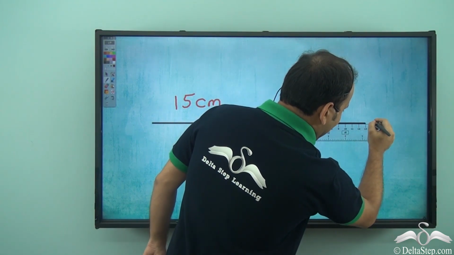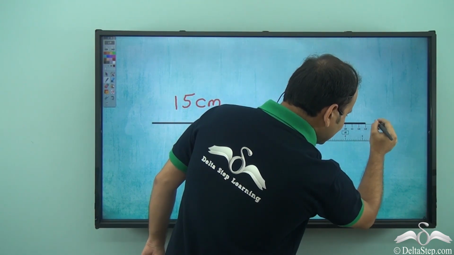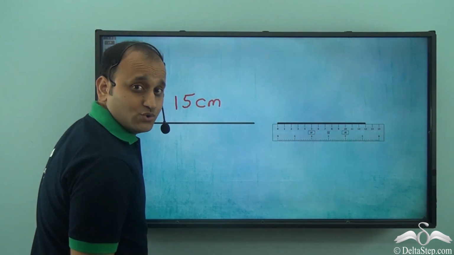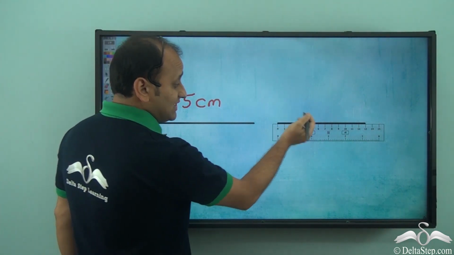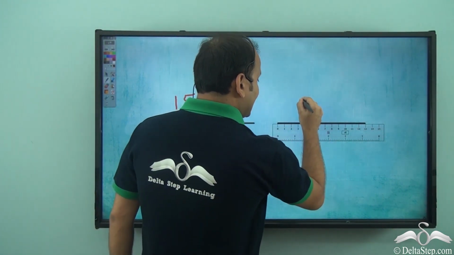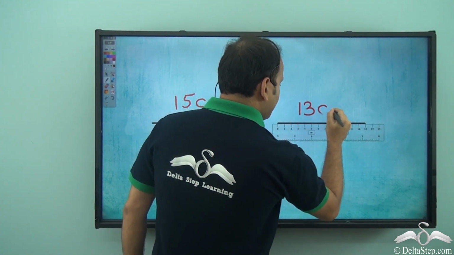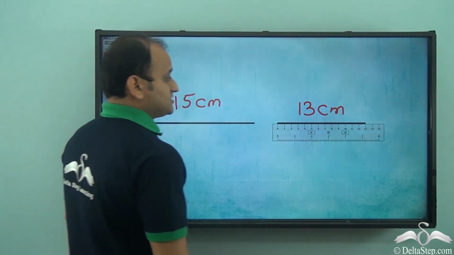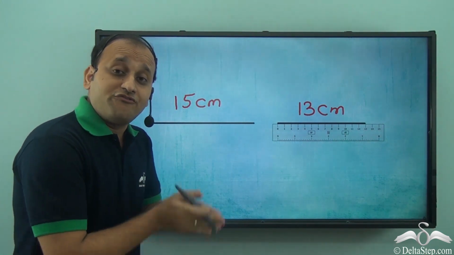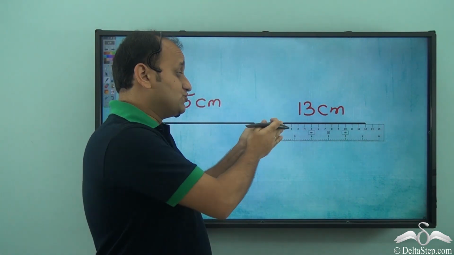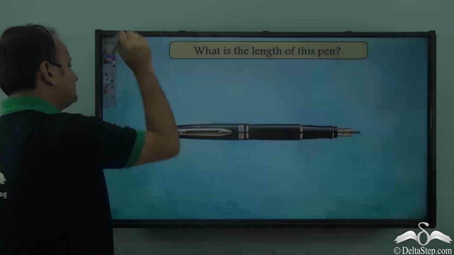Well, this particular end matches with 13th division on the ruler, which means 13 centimeter. So what is the length of this particular line segment? It's 13 centimeter. So this is how we measure length of different objects using a ruler.